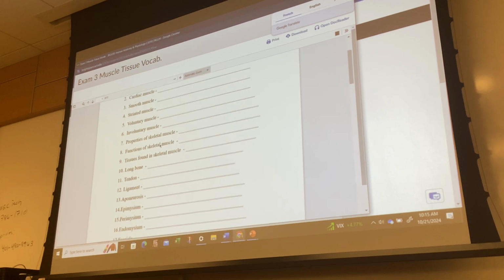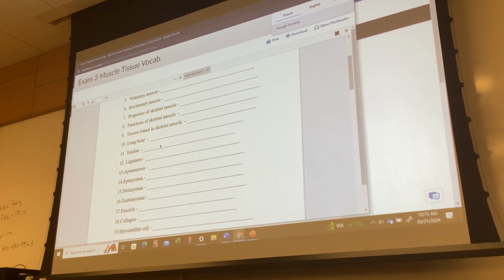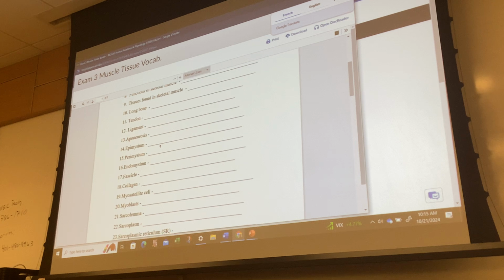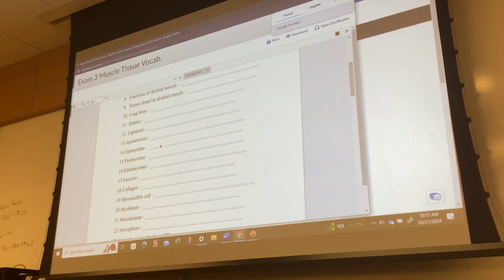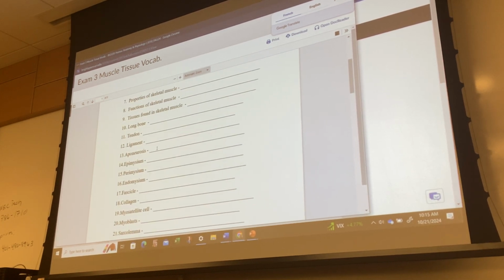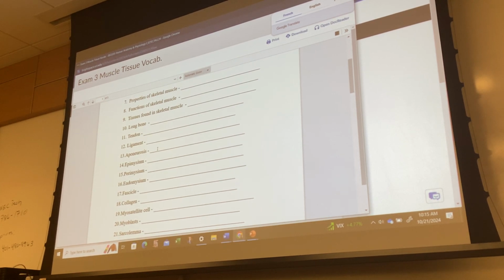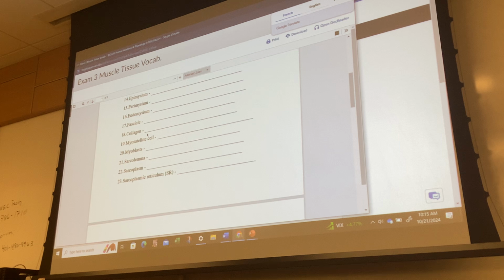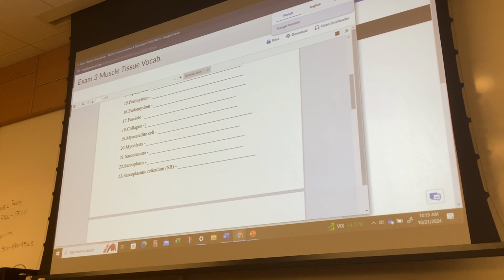There's tendons and ligaments. Some of these things I haven't talked about. Number 13, aponeurosis, I'll talk about tomorrow, and if not, then the following week. We talked about fascicles. Did I mention collagen? I mentioned collagen in passing.